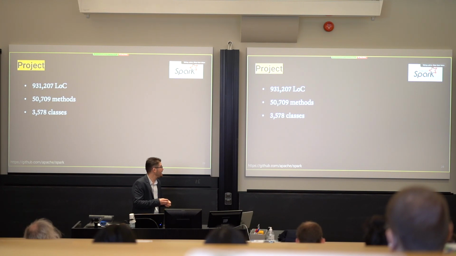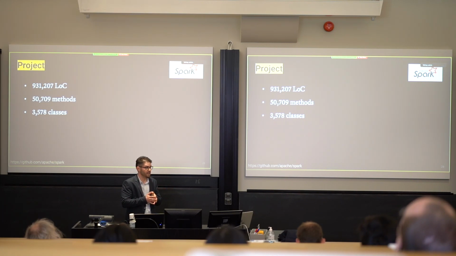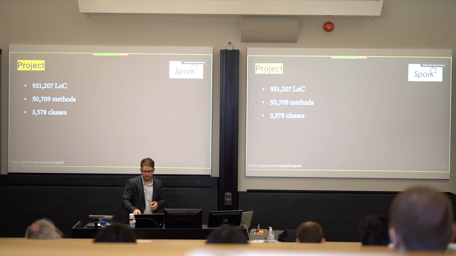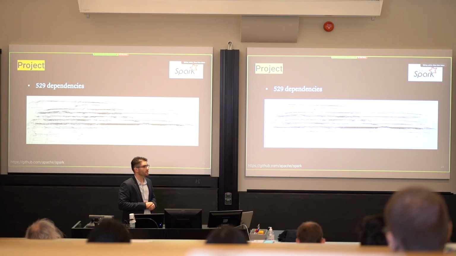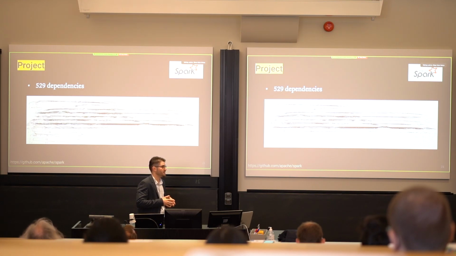But once this code is compiled, it is more than 50,000 methods and more than 3,000 classes. And all of this comes with the addition of 529 dependencies, which are handled by Maven, which is the build package manager of Apache Spark.